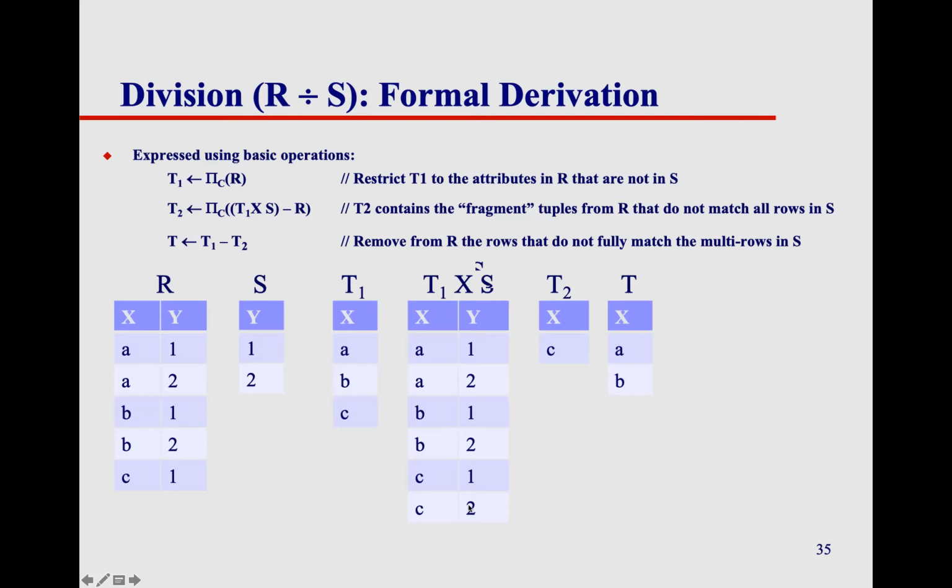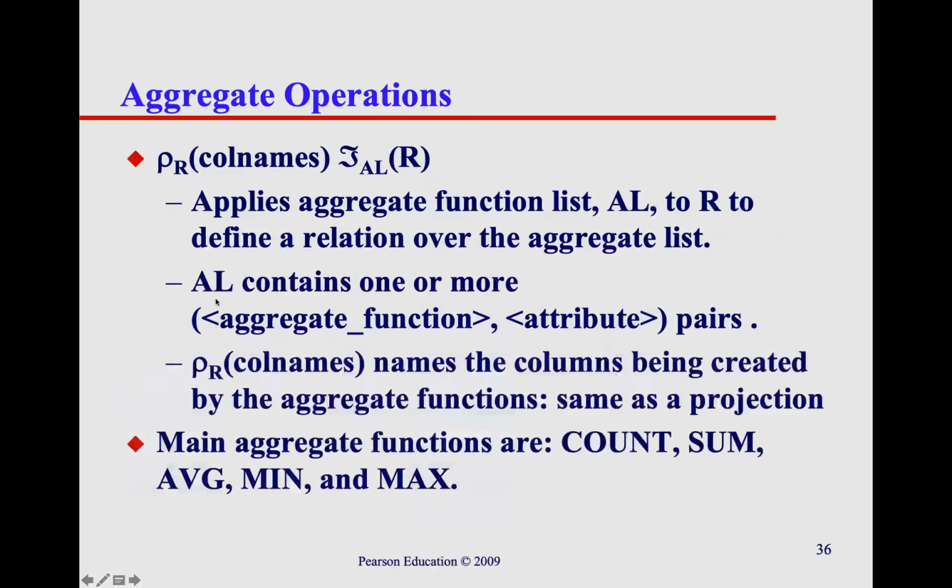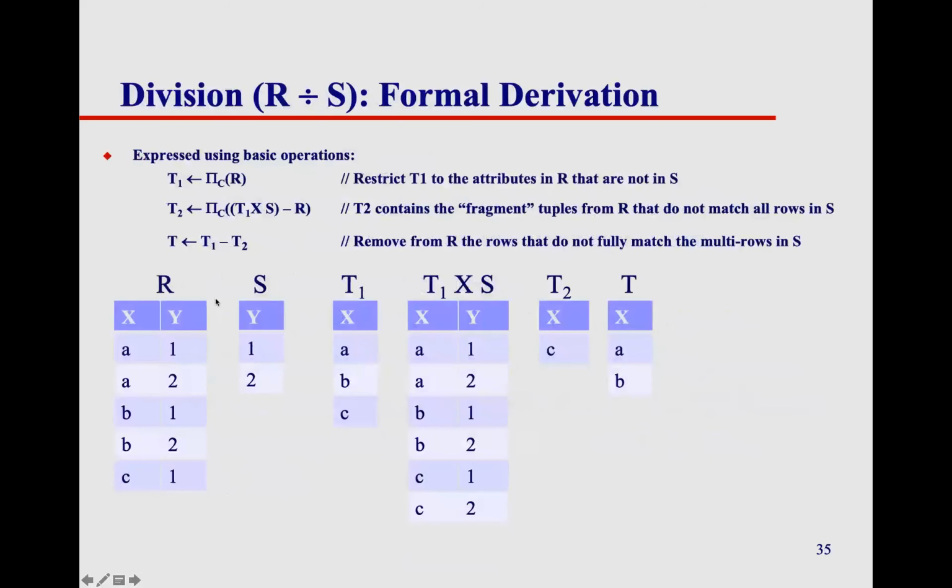So what's left when we do this set difference, we're left with C2. And when we project out down to only the columns we care about, which is the visitor, we end up with C.